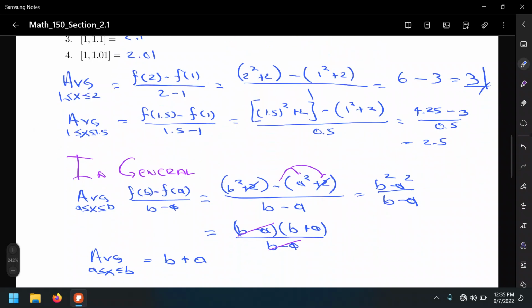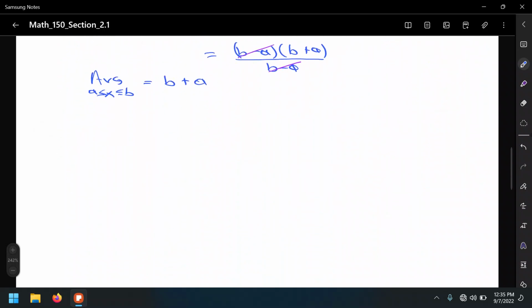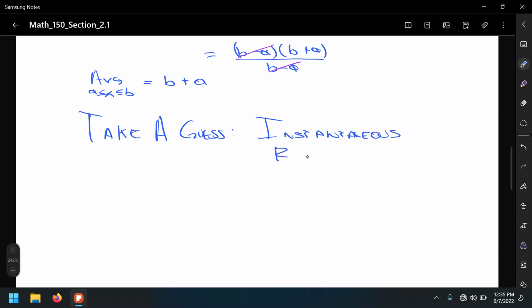So now, let's take a guess. Take a guess. Instantaneous rate of change will be, what would that be?